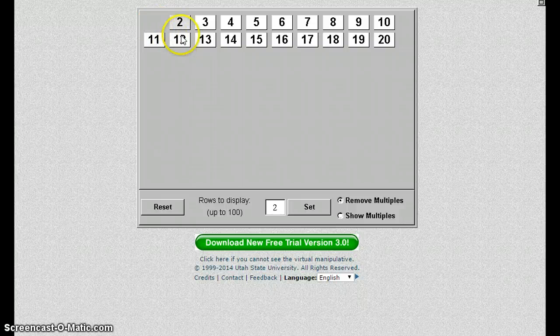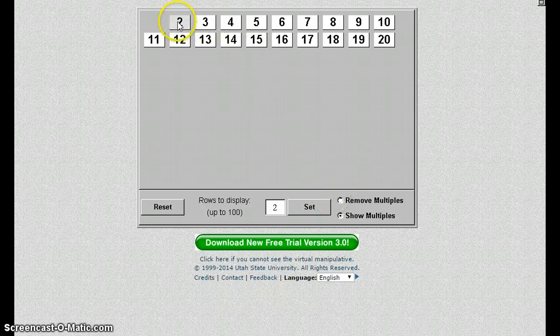Now notice 2. The only whole number less than it is 1. So 2 is prime because its only factorization is 1 times 2. And notice when I clicked on 2, all of these numbers disappeared.